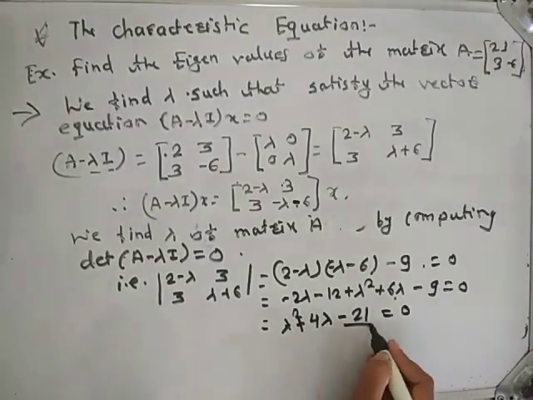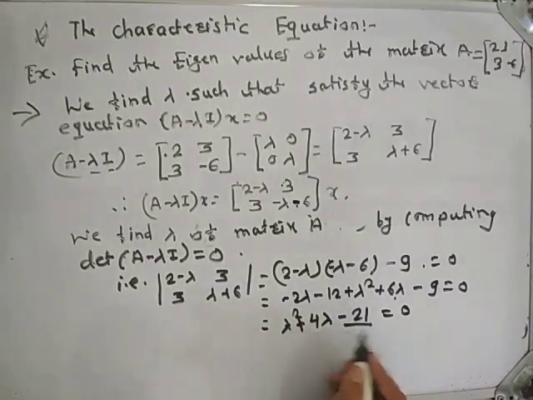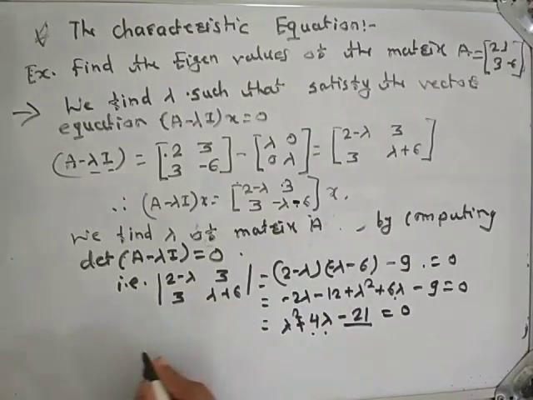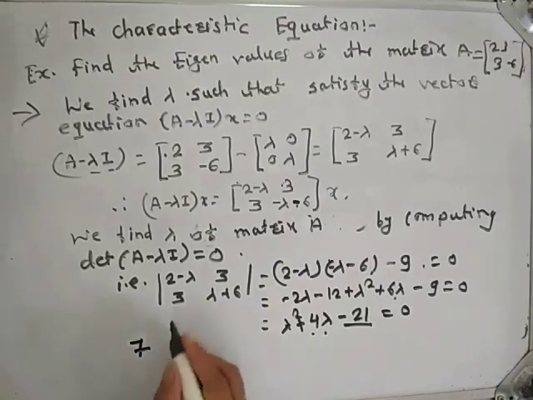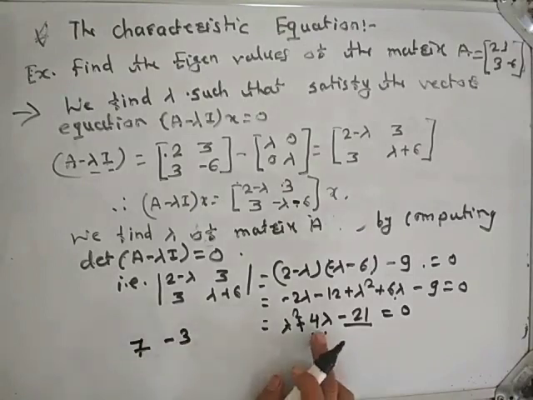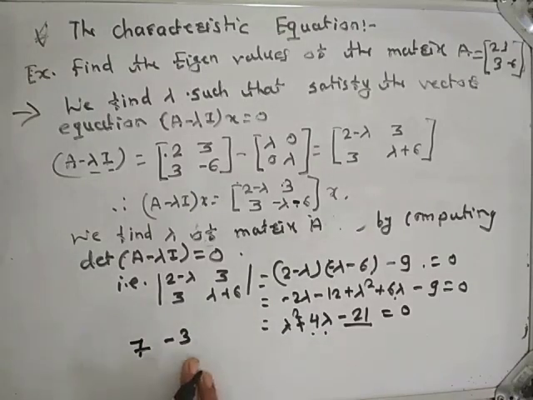Here we require a product of -21 and a sum of +4. So we choose the values +7 and -3. 7 - 3 we get +4 and 7 into -3 we get -21.